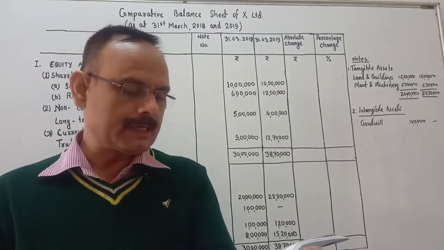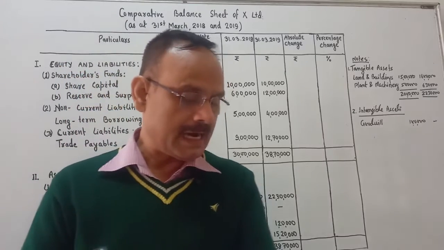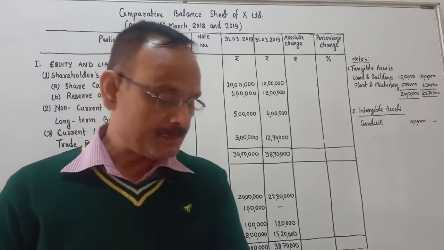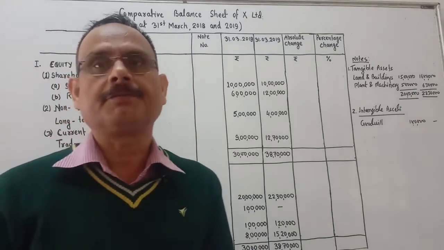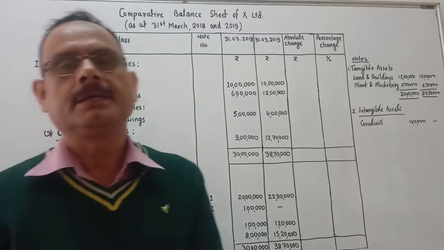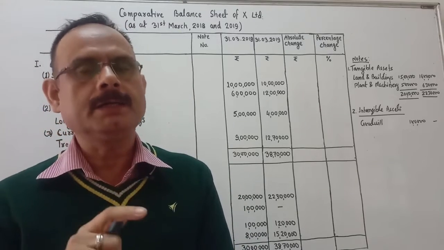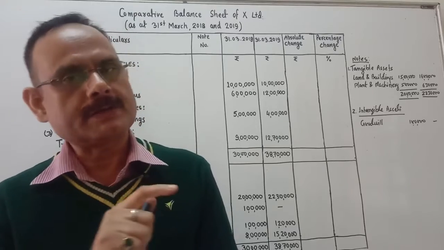In particular, reserve and surplus, share capital, trade payables, land and building, plant and machinery, goodwill, investment, current assets and long-term borrowings. Here the information is not given as per the prescribed format under schedule 3rd part 1 of the balance sheet as per Companies Act 2013.